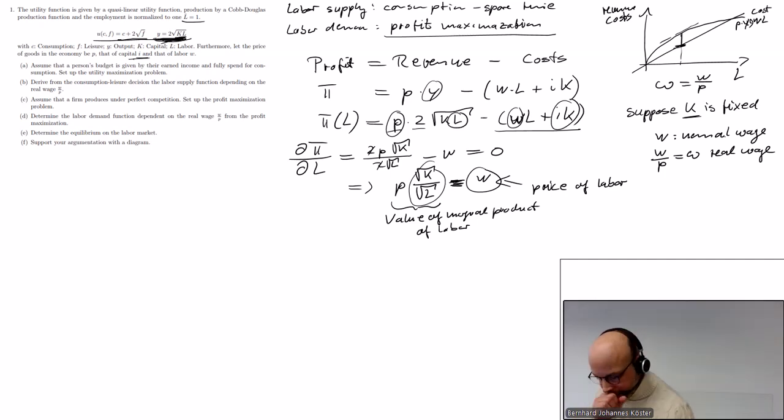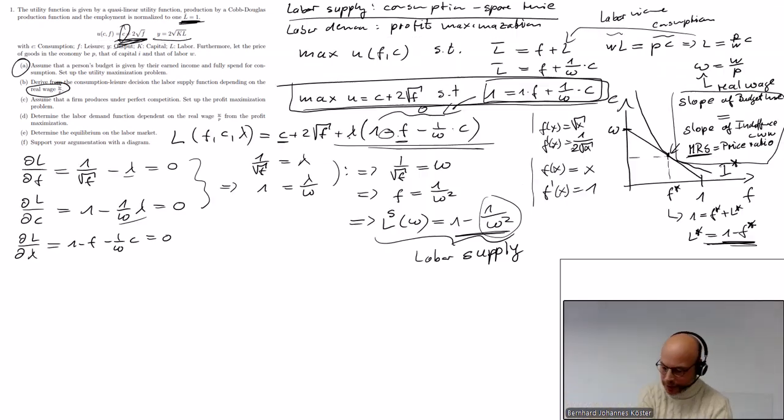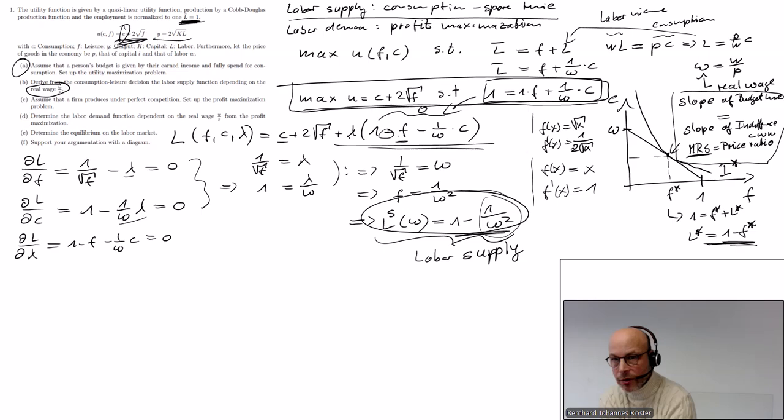Okay, but then let's solve this for L. Square root of K over square root of L is now W over P. This we have defined as omega, the real wage rate, because we have also taken here for labor supply the dependence on omega.